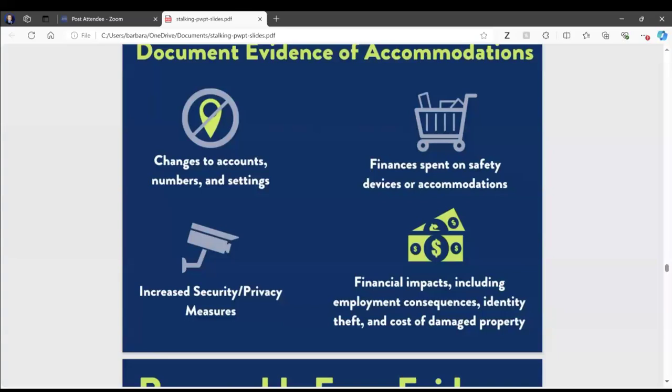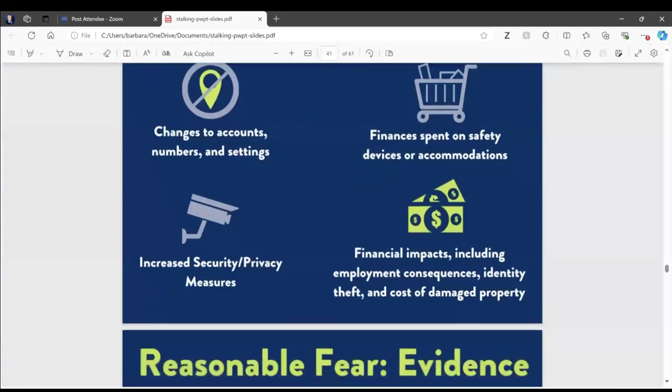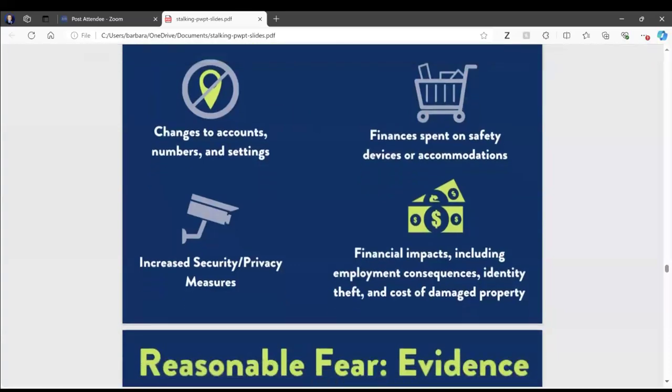Some other ways that people are using trackers is by those little tags that we put on our pets to track the pet if they accidentally get lost. People don't often think about them. In addition, they also don't think about their security cameras that they may have inside their home. Make sure that the stalker, if it's an intimate partner or someone they dated, make sure that those passwords and usernames are changed immediately.